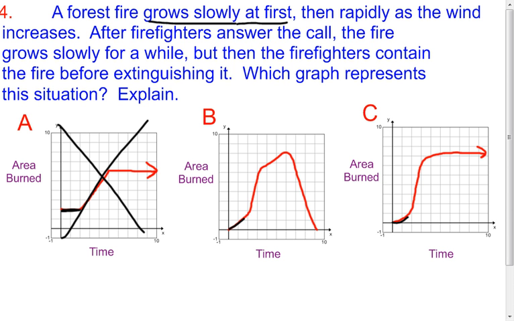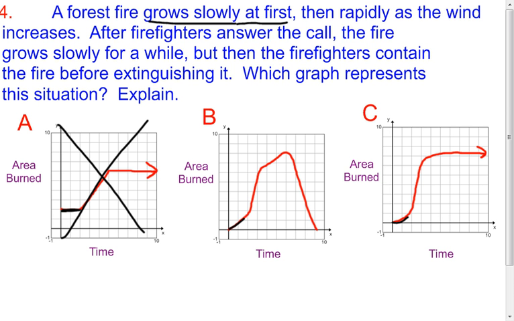Okay, then as the wind increases, the firefighters answer the call. It does grow slowly for a while, which we can see in both graphs. We already pointed that out. And then the winds catch it, and obviously it goes crazy, right? And then it gets extinguished and whatever.